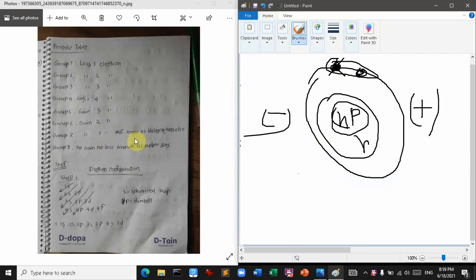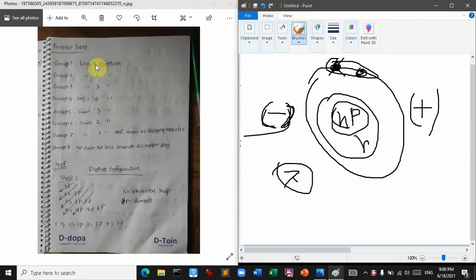Atoms of group 7 are also known as halogens, and all halogen atoms have 7 electrons in their valence shell. Group 8 is known as the noble gases because their electron and proton numbers are balanced and they are stable. They do not react with other gases.